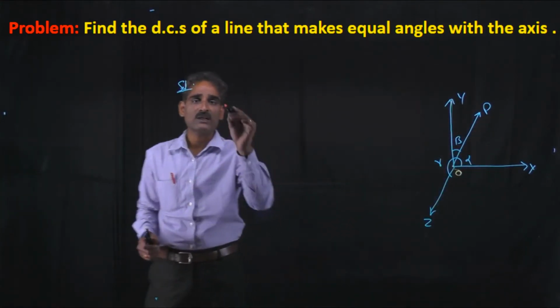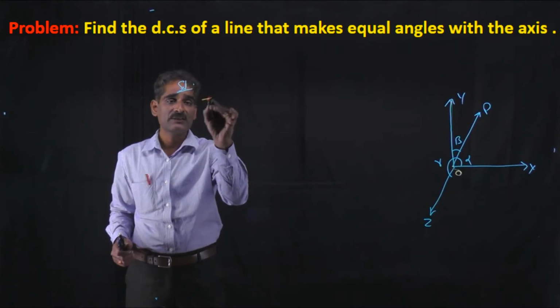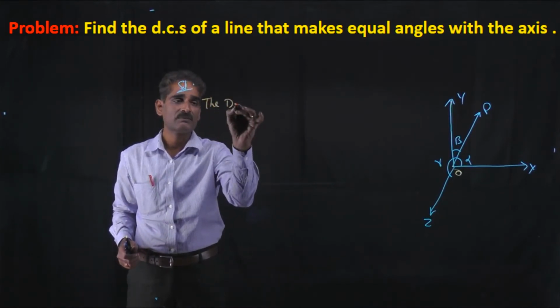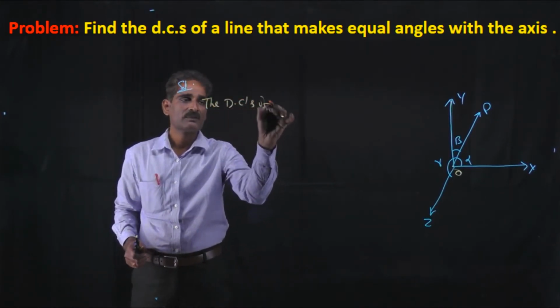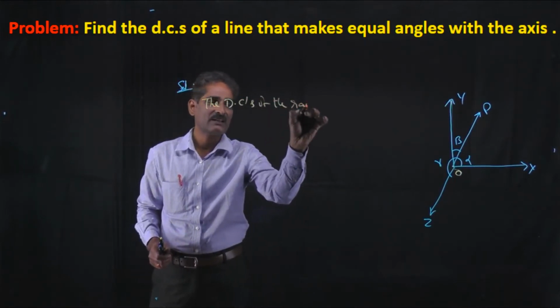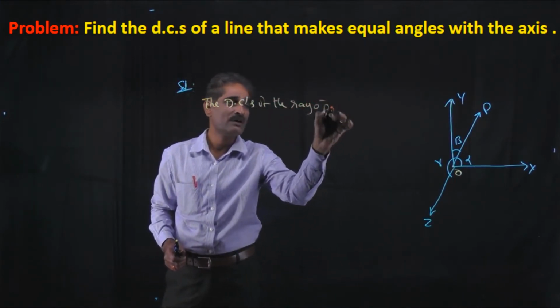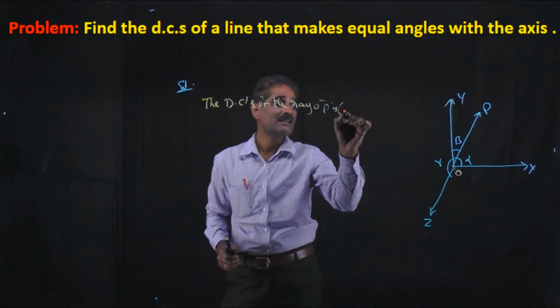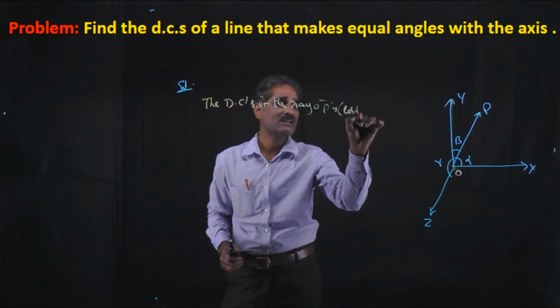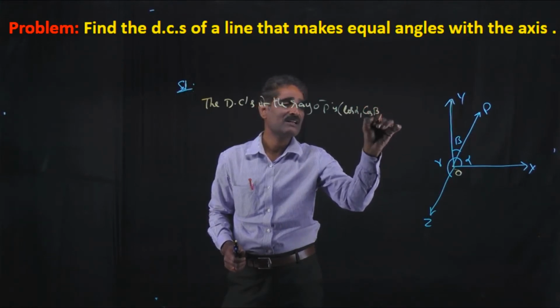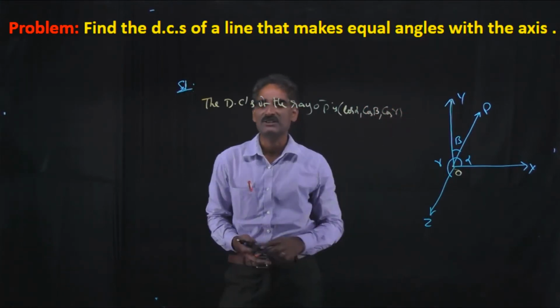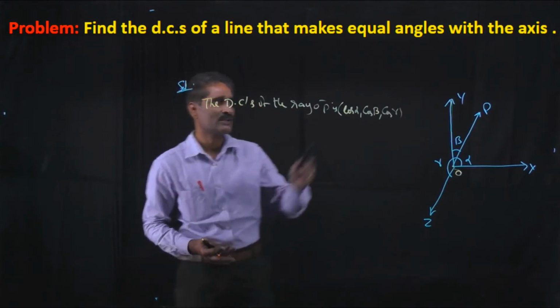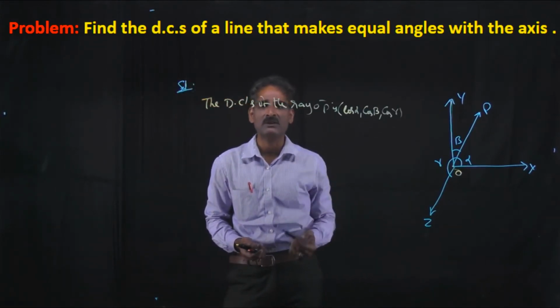From this figure, what are the DCs of the ray OP? Cos alpha, cos beta, cos gamma are the DCs. Generally we can take cos alpha equal to L, cos beta equal to M, cos gamma equal to N.